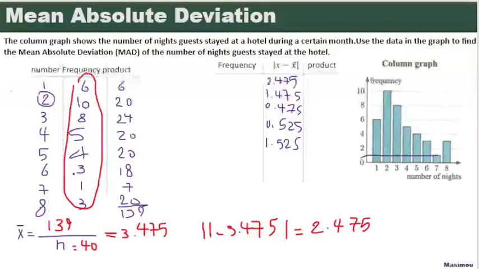The next one is 6 minus this value, which gives me 2.525, and then for 7, it gives me 3.525, and for 8, it gives me 4.525.